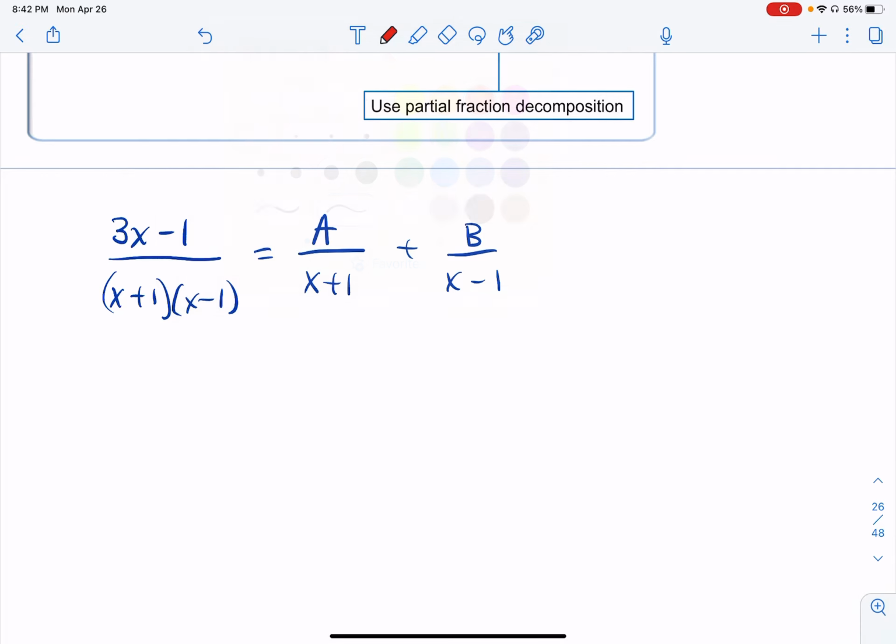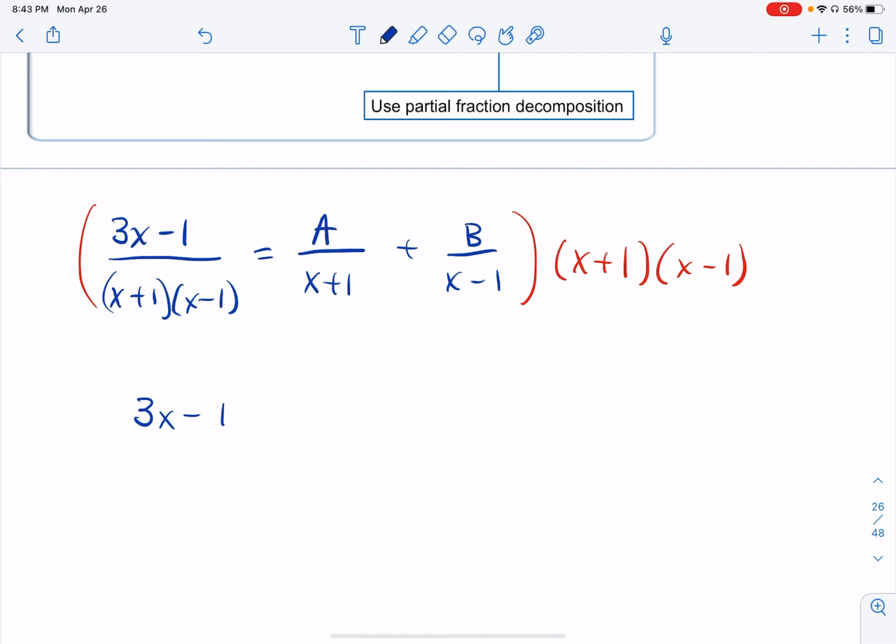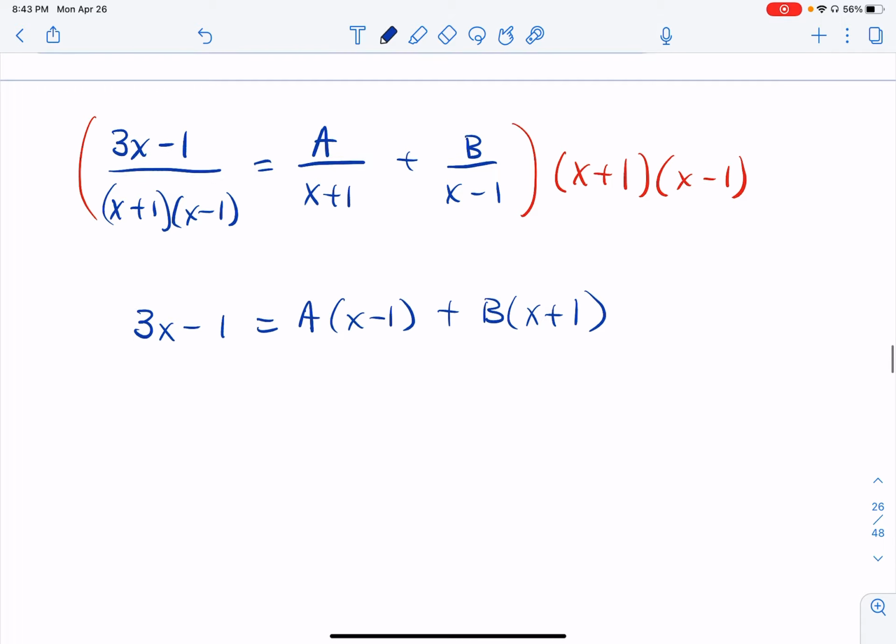And then I am going to multiply both sides by that common denominator. It cancels out on the left-hand side, because that's what we want. And then over here on the right-hand side, the first factor will cancel out and leave us with the other factor of x minus 1. Same thing will happen on the b, and it'll get the opposite factor of x plus 1. All right, our basic equation.